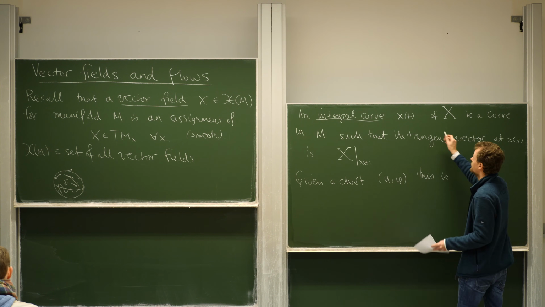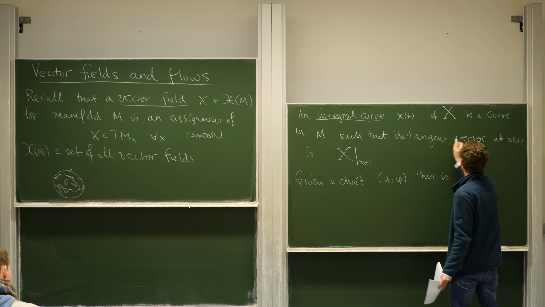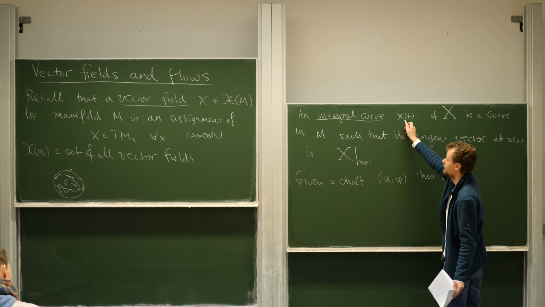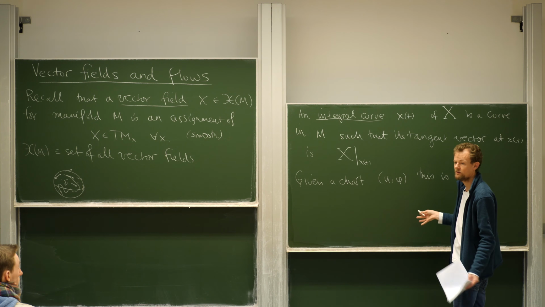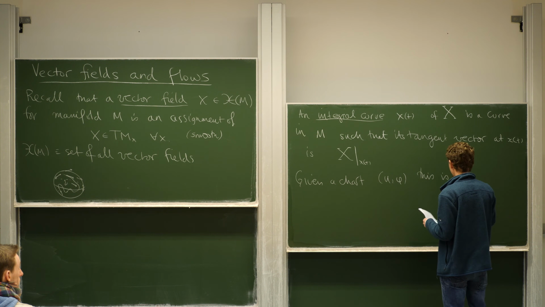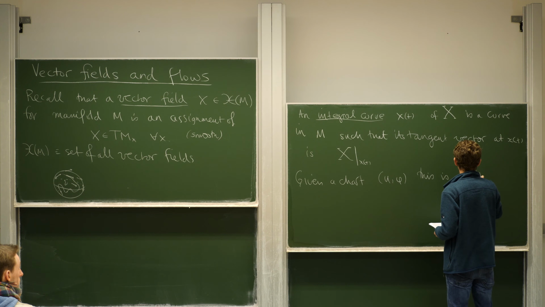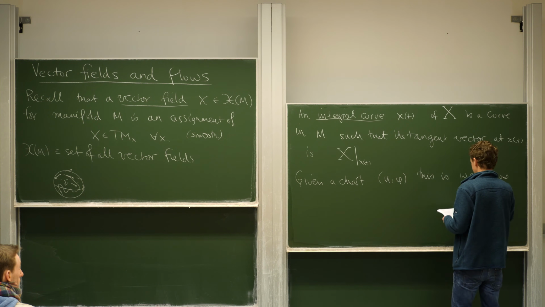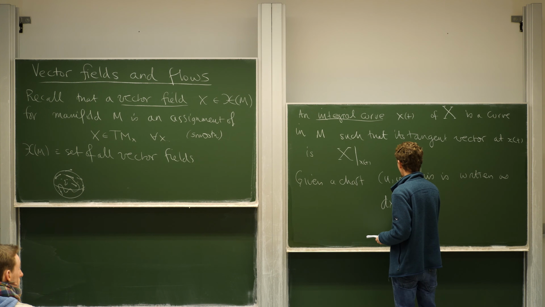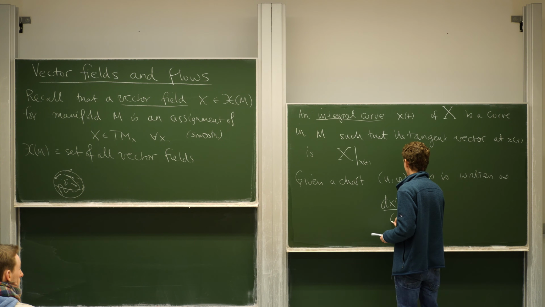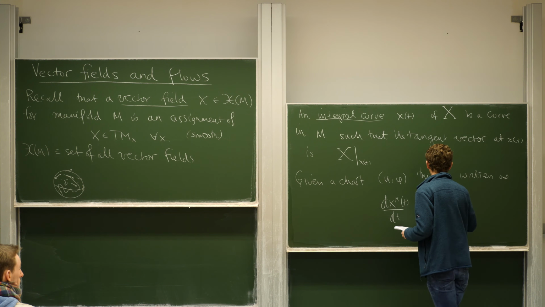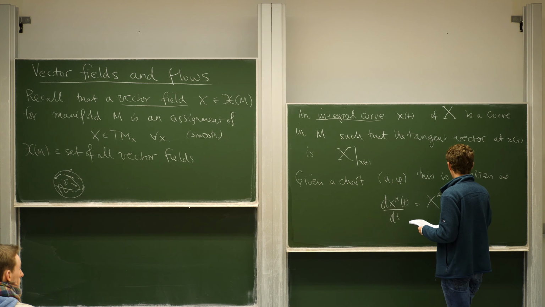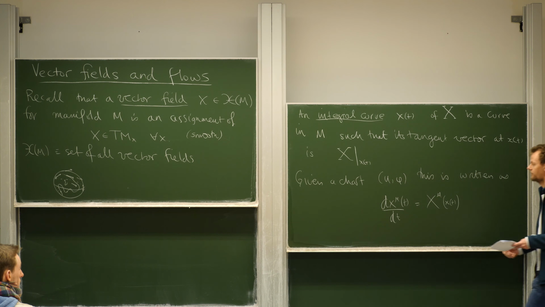This condition that the tangent vector to the curve at the point x of t is big X at the point x of t can be written in coordinates in a very simple way, given by this equation in coordinates.